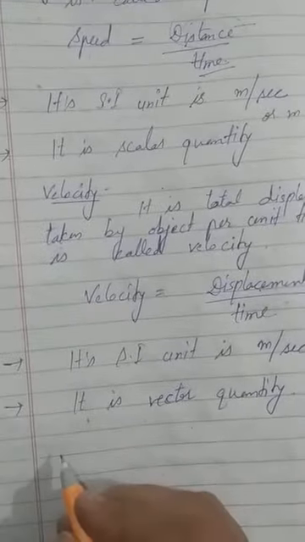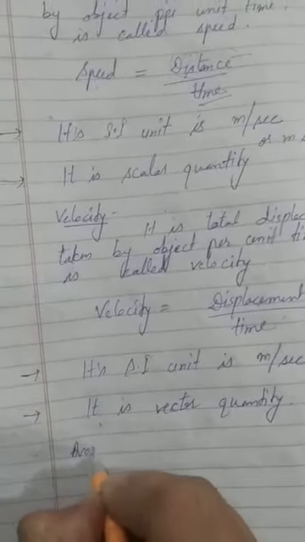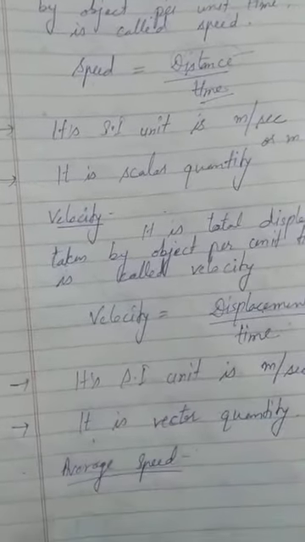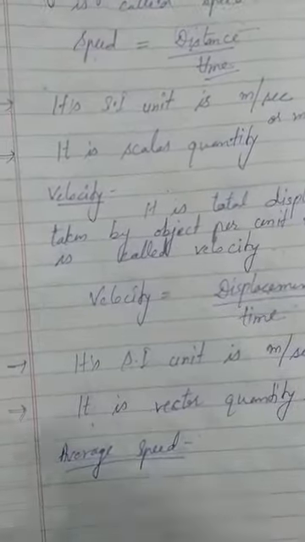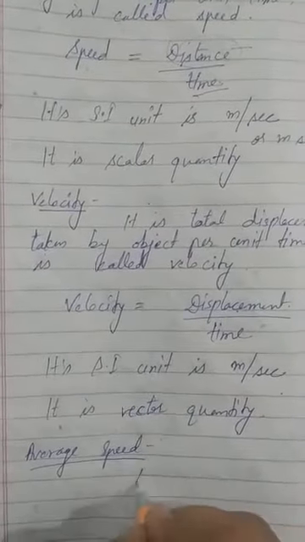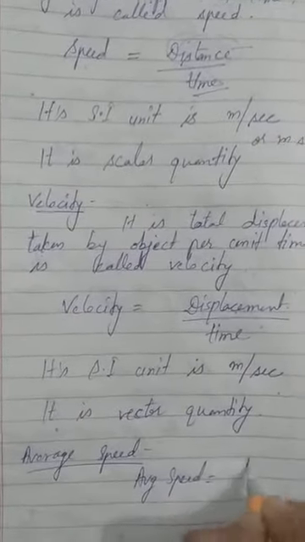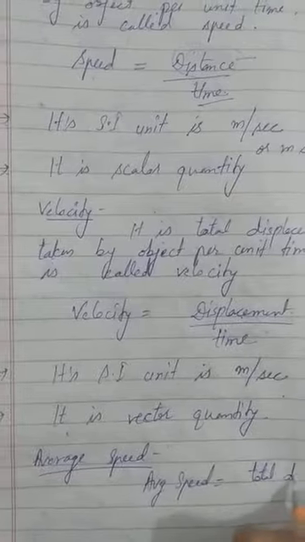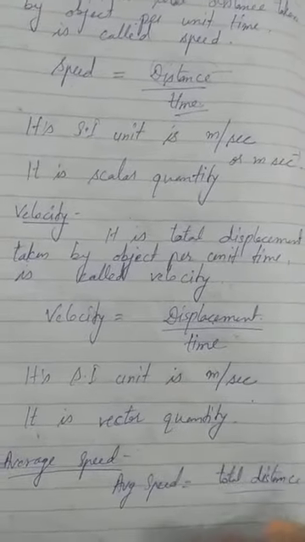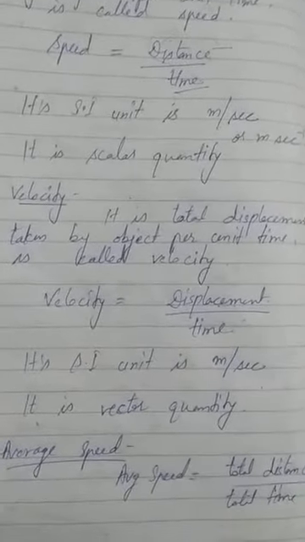After this, average speed. Average speed will be total distance traveled by any object per unit total time. Average speed is equal to total distance by total time.